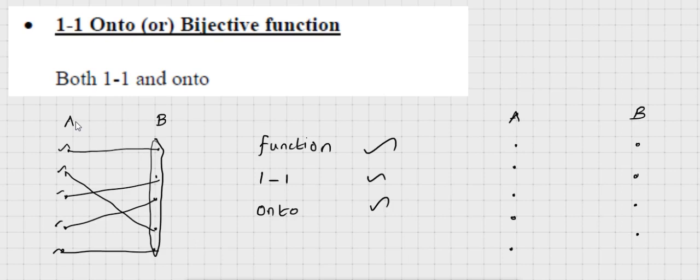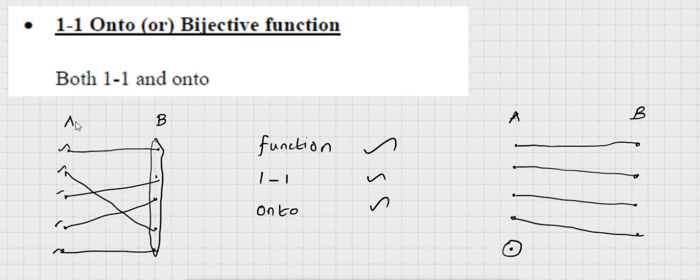Now I am defining a function like this. Is this a function? You can say this is one-to-one and onto. See, two different elements are having two different outputs. Okay, one-to-one satisfied. Onto also you can say it is satisfied. Why? Because all the elements of B were filled out. But kindly check, this element is not having an output. It basically does not satisfy the definition of a function at all.